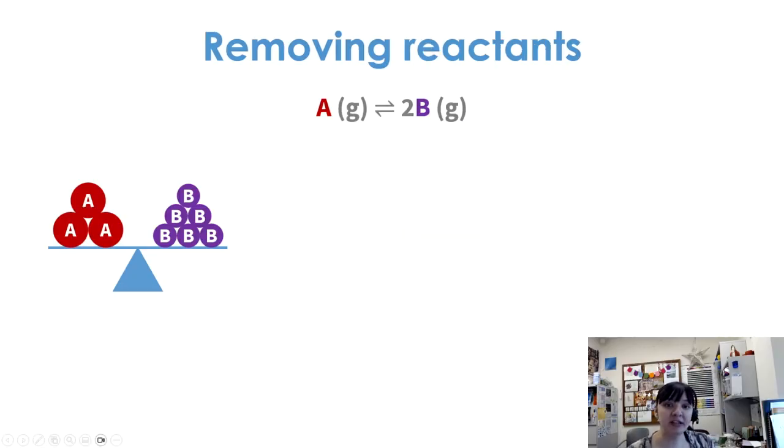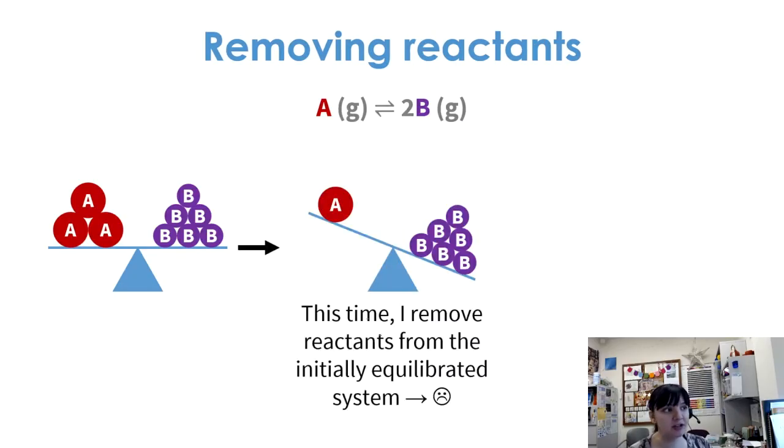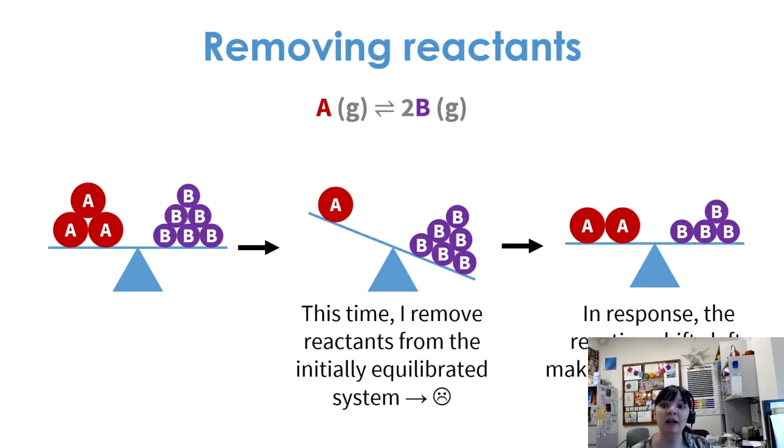You can imagine a similar scenario where instead I remove reactants as a stressor to my already equilibrated system. If I were to remove reactant, what that causes is an imbalance favoring the products. Again, because we're trying to restore balance to the system, in response, my reaction is going to shift left, thus making more reactants, using up some of the products, and again getting to that more balanced, equilibrated state.